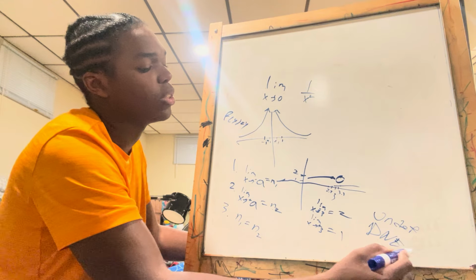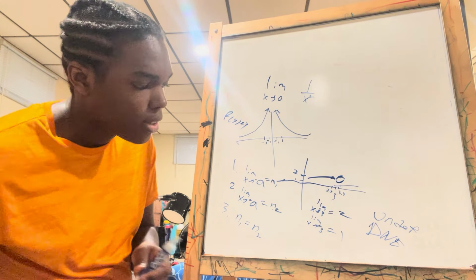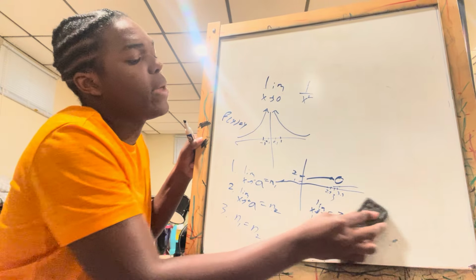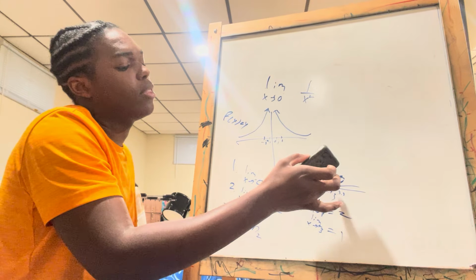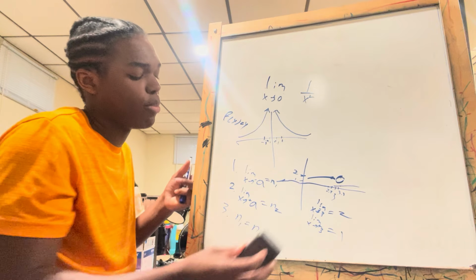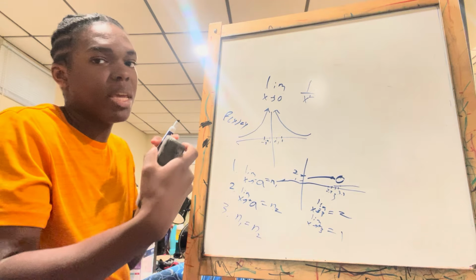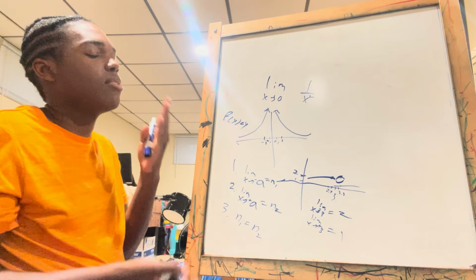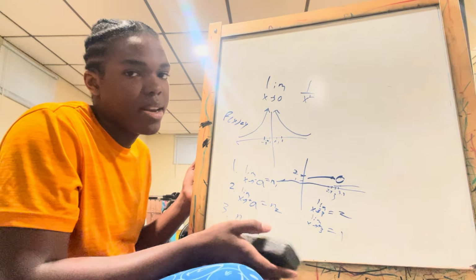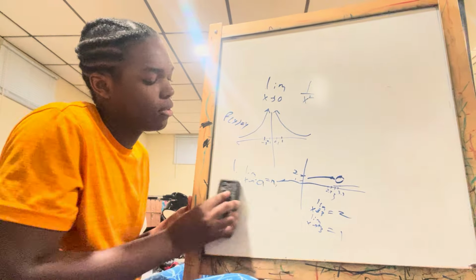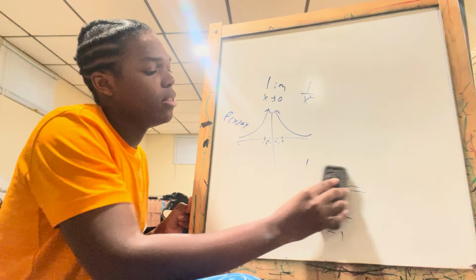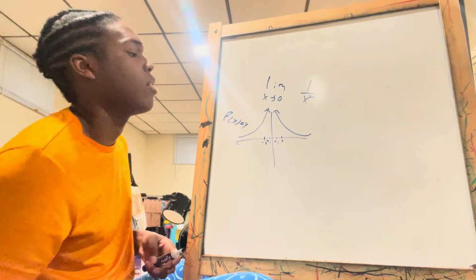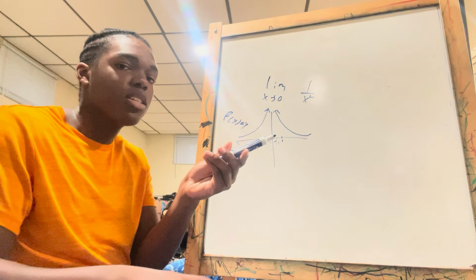That's what people say for limits: does not exist. It doesn't exist if they don't converge to the same point. If they don't meet at that same point, then it's a limit that does not exist. Now, we're going to get back to this problem.